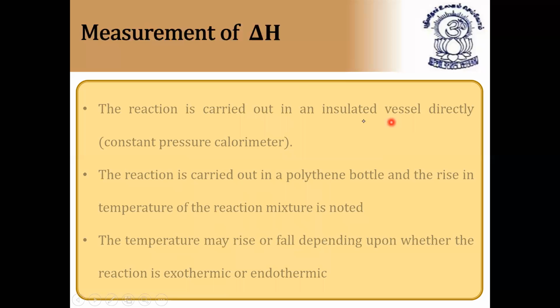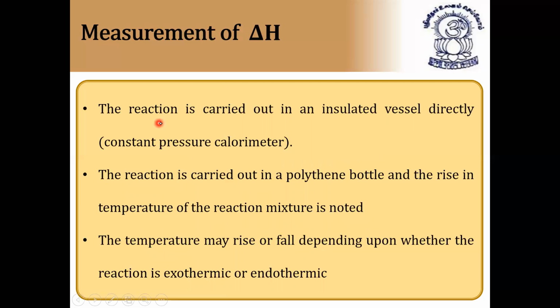Next, measurement of delta H. The reaction is carried out in an insulated vessel directly at constant pressure. Delta U is measured at constant volume. Now we are going to measure delta H, where the reaction is carried out in a constant pressure calorimeter.